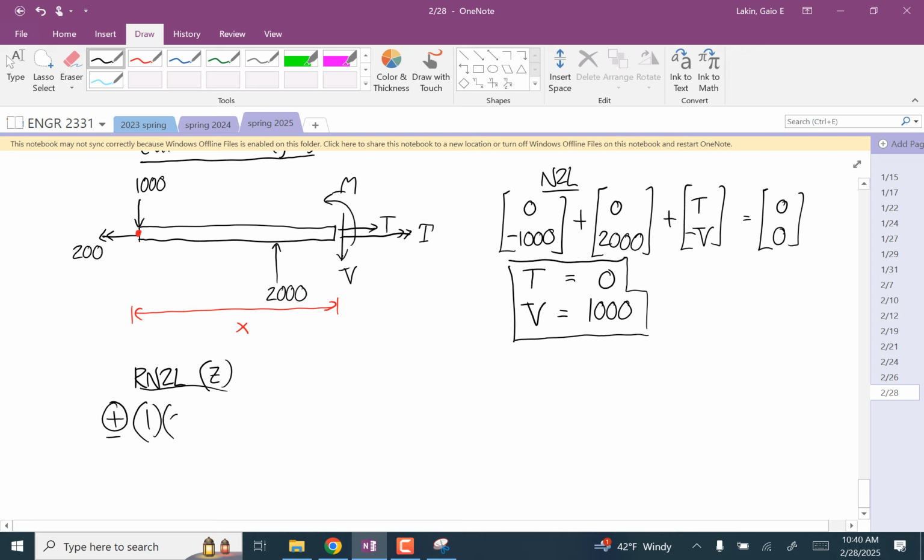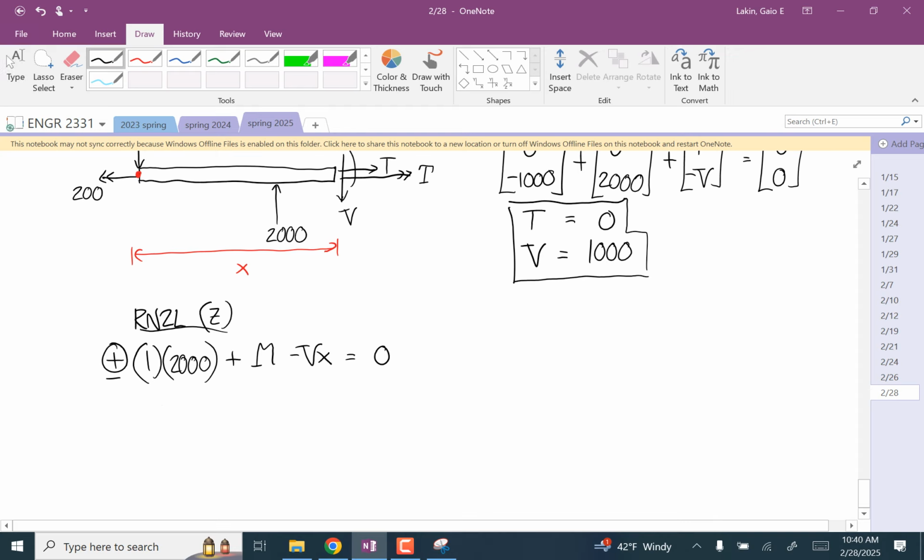Moment arm is 1. Force is 2,000. Plus m minus Vx is equal to 0. So m is equal to Vx minus 2,000. And so that internal bending moment is equal to 1,000x minus 2,000.